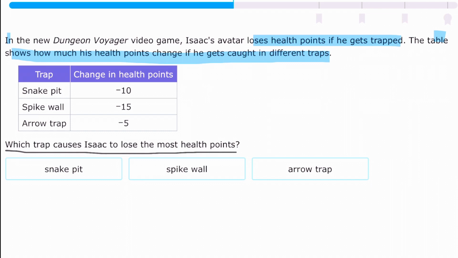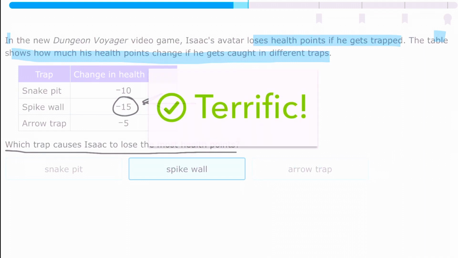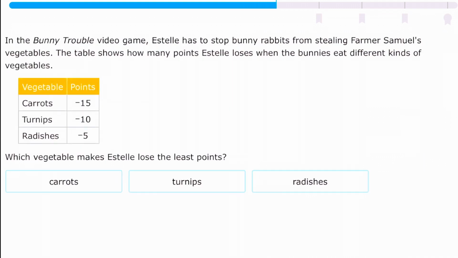Now, for this question, you can do the absolute value, or if you look at it here, you see that negative 15 is the smallest number because it's the farthest from 0. So, you know that the spike wall gives him the biggest change in health points.